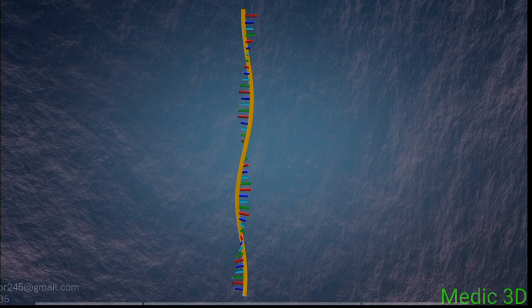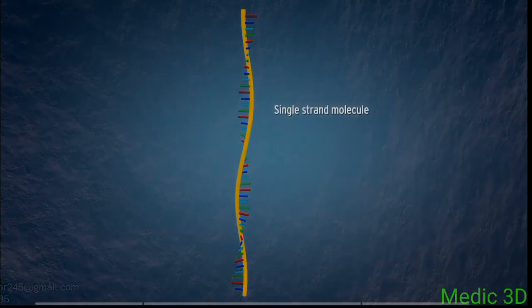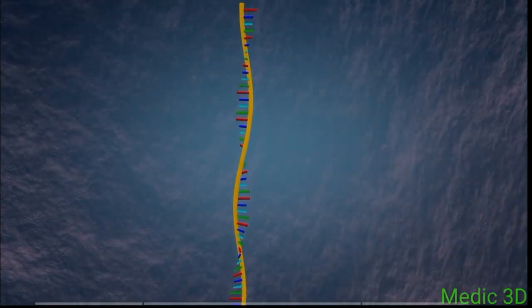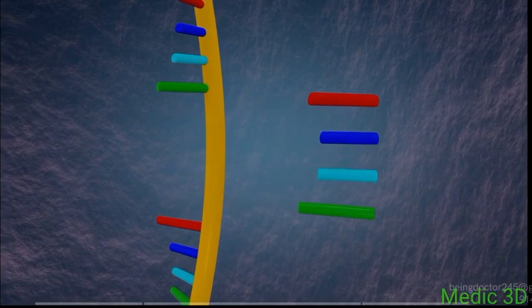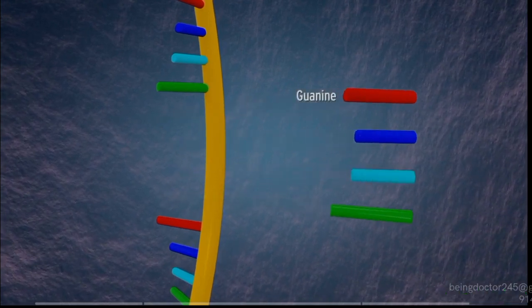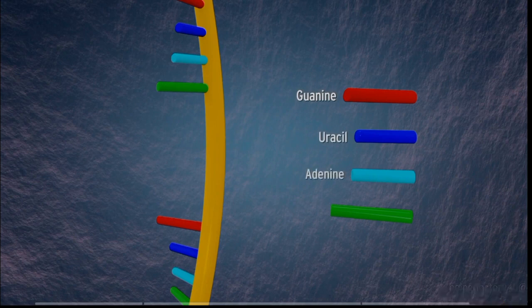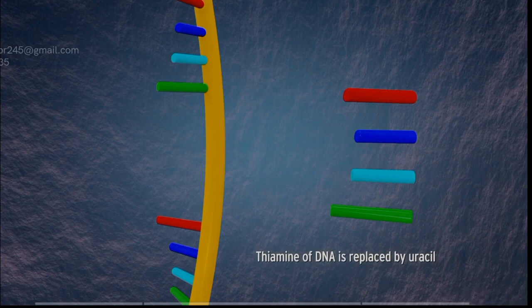However, unlike the DNA, they are frequently found as a single-strand molecule in nature. In RNA, the nitrogenous bases are guanine, uracil, adenine, and cytosine. Thymine of DNA is replaced by uracil.